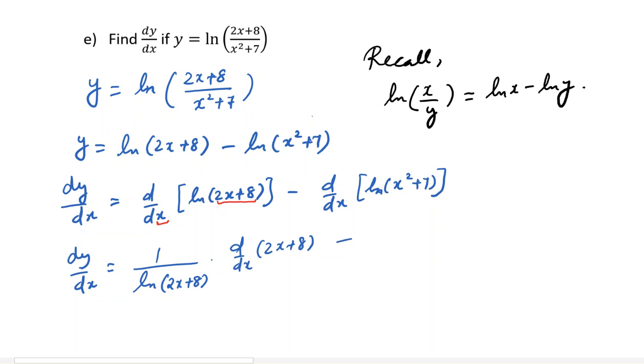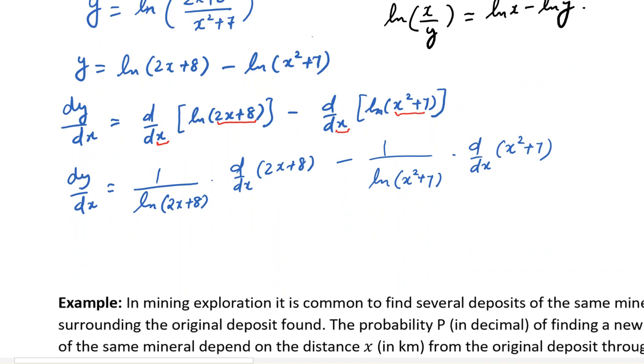Similarly, in the next one, we have x squared plus 7 here. First we take the derivative of the ln function, which is 1 over the function, and then by chain rule take the derivative of x squared plus 7.